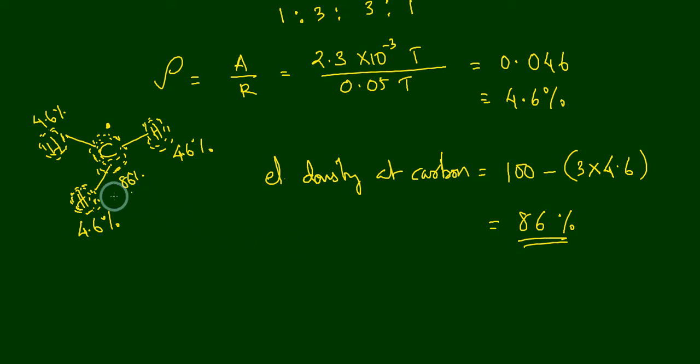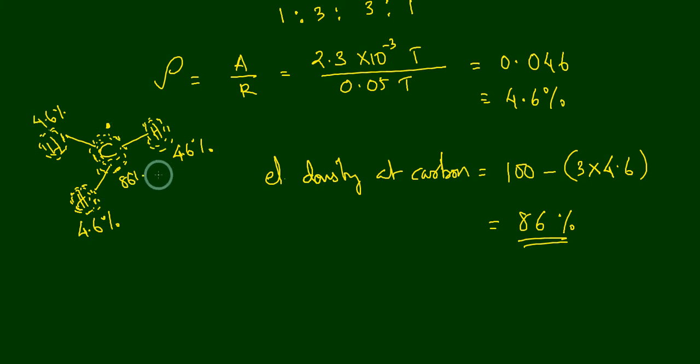In 86 experiments, you will see that the radical electron is somewhere around the carbon, and in the other 14 experiments, you will see that the radical electron is located somewhere around the three hydrogen atoms.